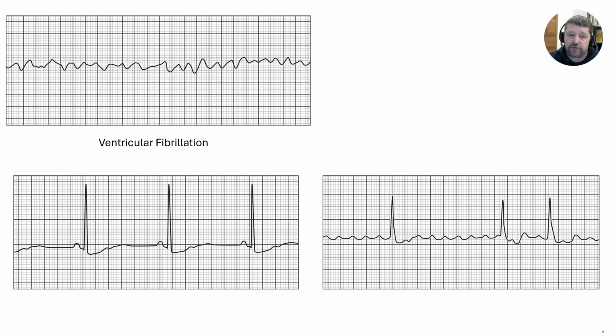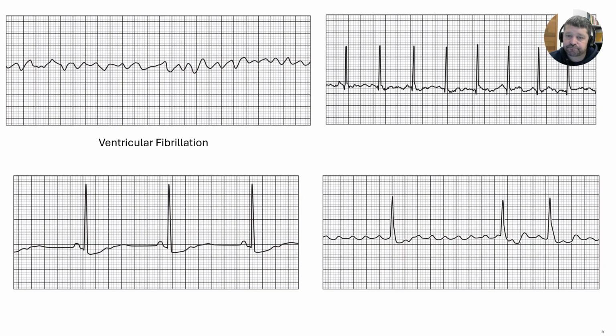You just can't distinguish. The ventricle is not contracting at the same rate. So the left and the right are not contracting in unison, so you don't get these nice QRS waves, and it's very messy, very dangerous, can result in death for sure.